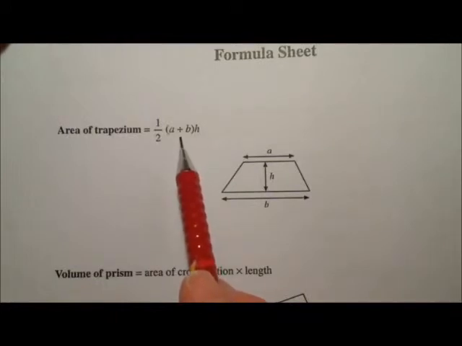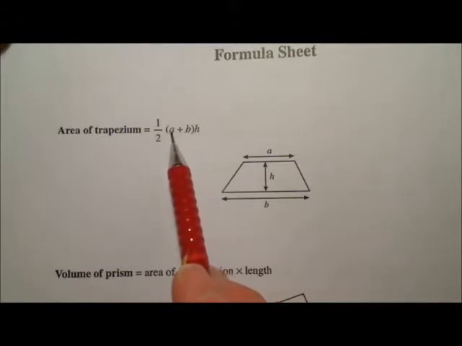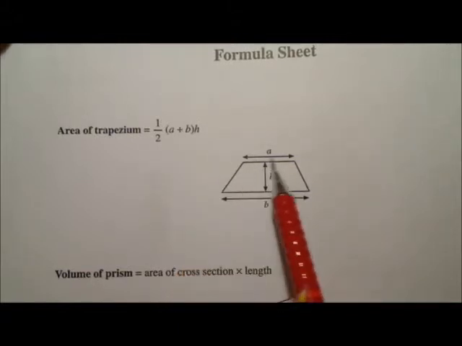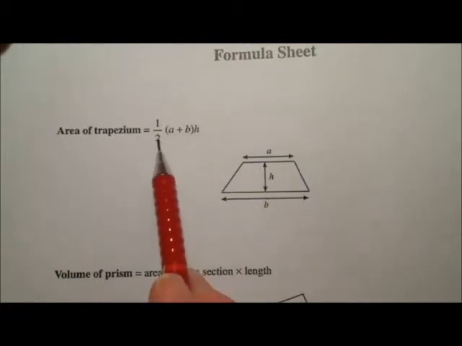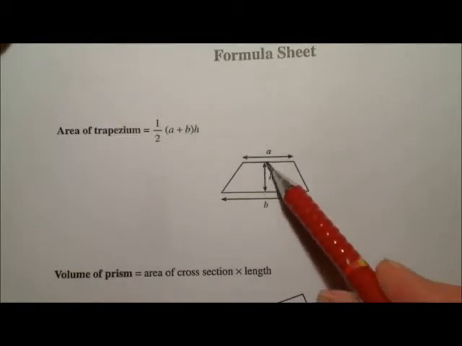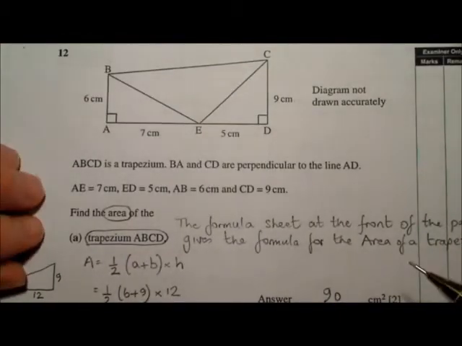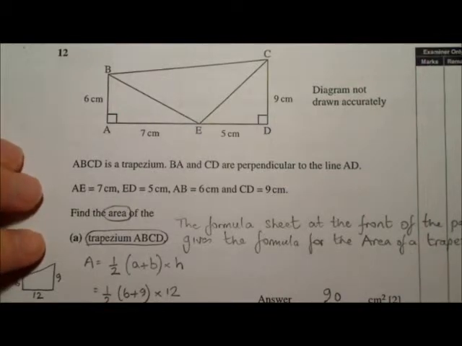So you can see it there. Area is half of A plus B, the 2 parallel sides A and B. So you add those lengths together and take half of that and then multiply by this perpendicular height between the 2 parallel sides. So let's look at what we've got here.